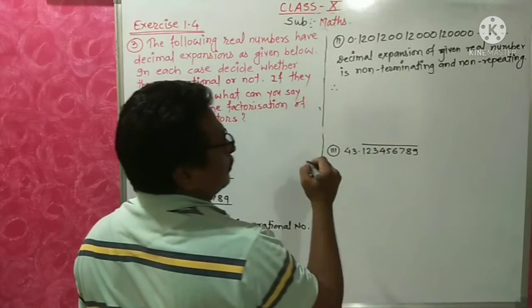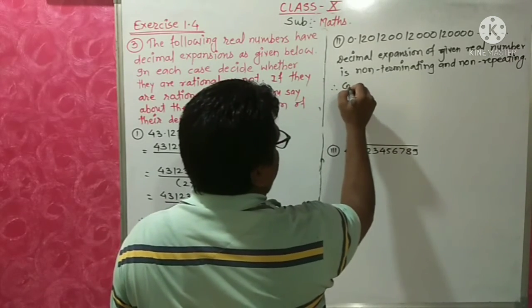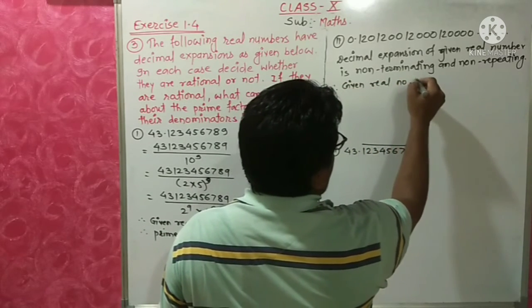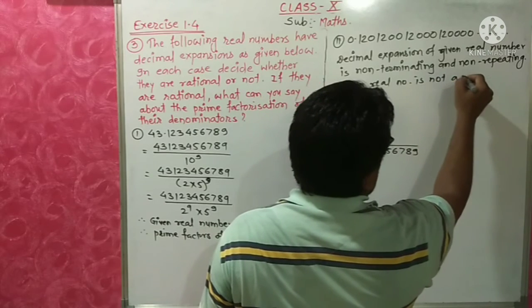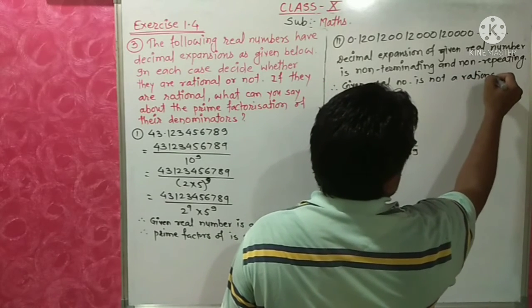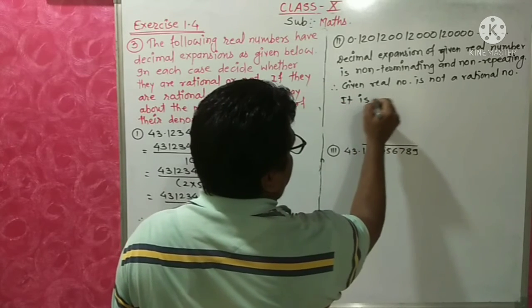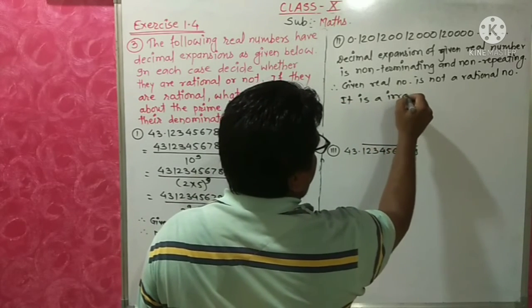Therefore, the given real number is not a rational number. It is an irrational number.